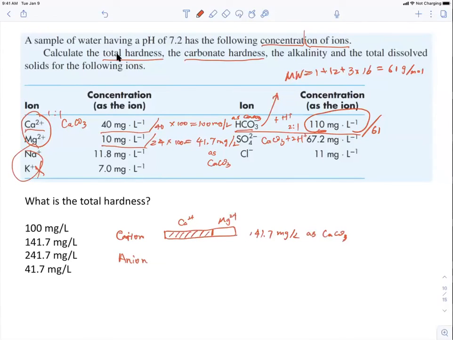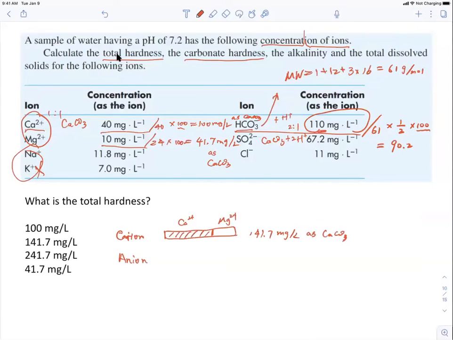Okay, so every 2 number of the bicarbonate ion is going to correspond with 1 number of the calcium carbonate. So we need to further divide it by 2 and then multiply by 100. Okay, so this 100 again is the molecular weight of the calcium carbonate. So you can find out that this number is actually 90.2.